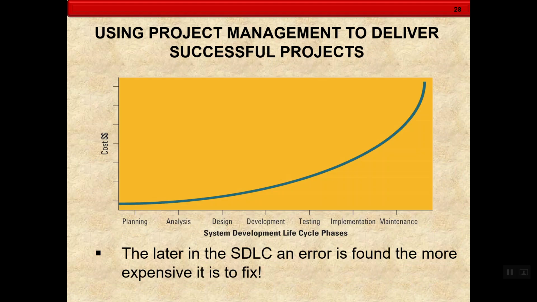One of the key things about using project management for software projects is that the later you discover a problem, the more expensive it is to fix it. So as you move through these different phases, if you discover problems in the implementation or testing phases, it's harder to fix than if you catch them within the planning and analysis phases.